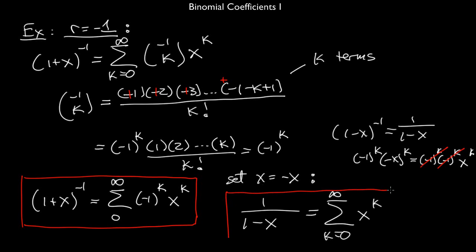So that's a classic formula. It's true, and it's quite a useful one. So let's look at it a little bit more. And again, this makes sense for absolute value of x less than 1.